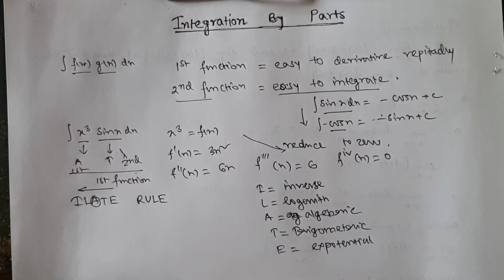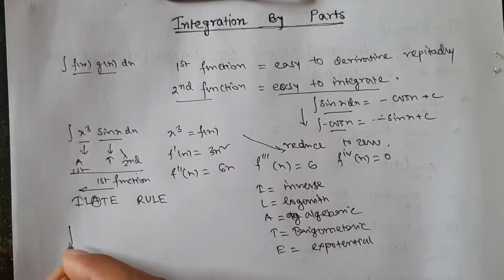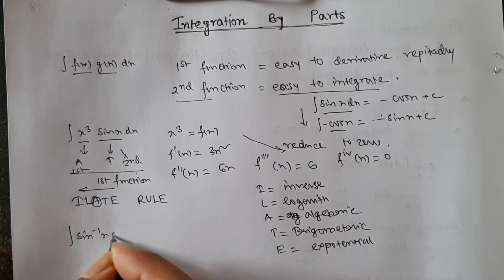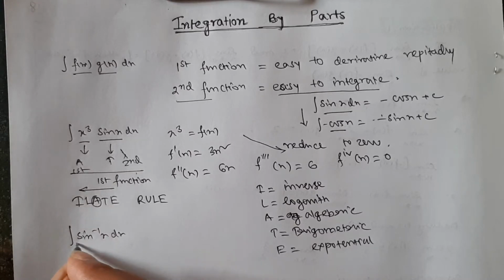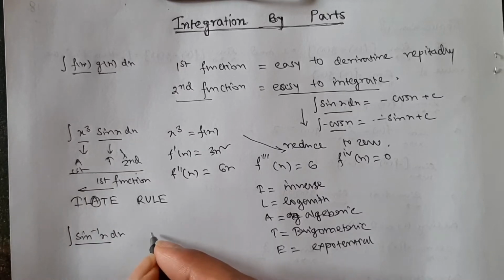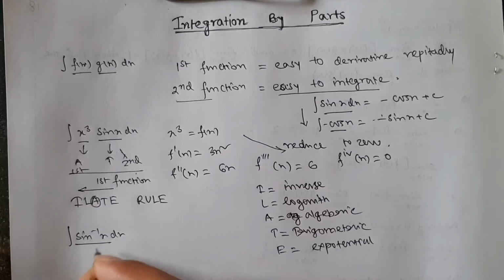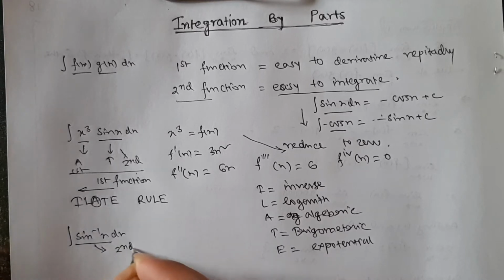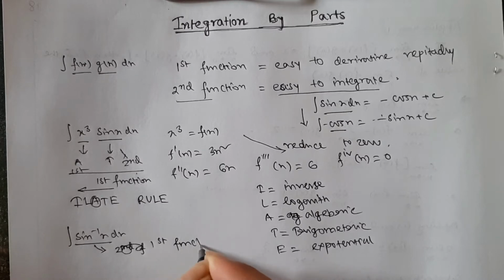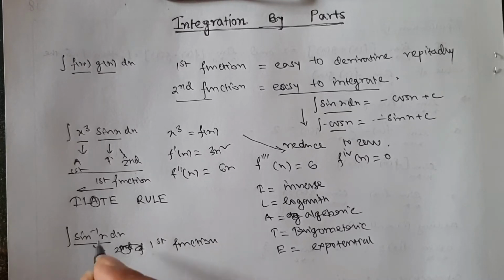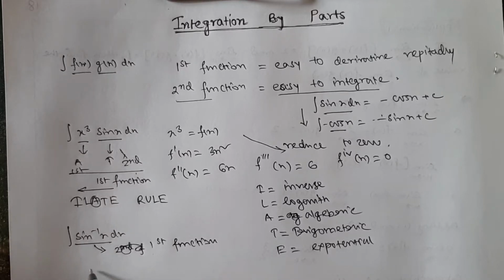For a function like the integral of sin inverse x dx, we do not know the integration of sin inverse x, so we choose it as the first function, and we do the derivative of this sin inverse x, and we also know the derivative of sin inverse x, so it is easy to integrate.